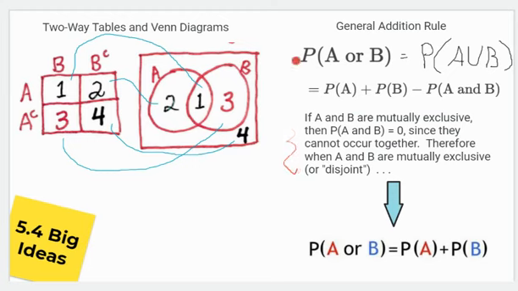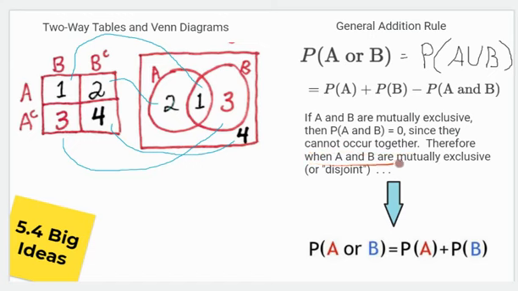So this general addition rule says the same thing, but we need to know whether or not event A and event B are mutually exclusive. Let's read this. If A and B are mutually exclusive, then the probability of A and B is 0 since they cannot occur together.